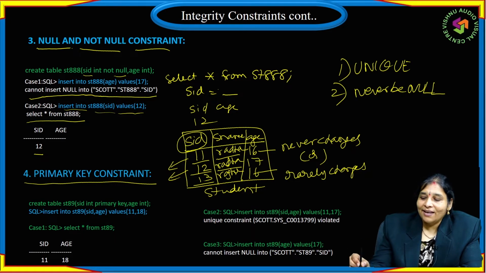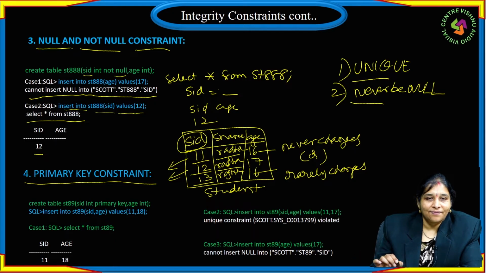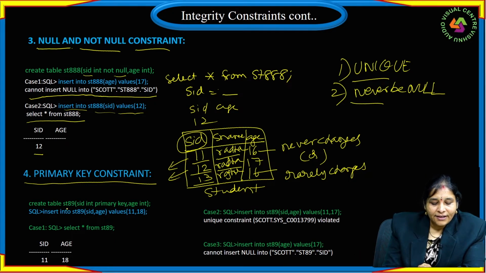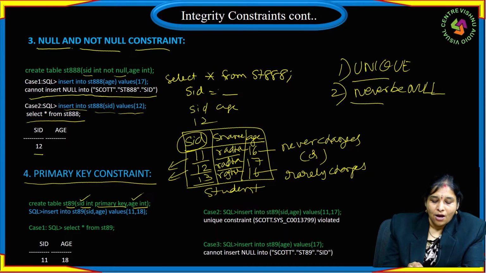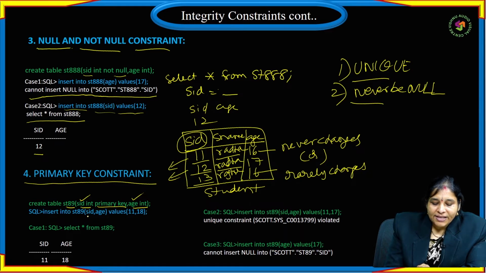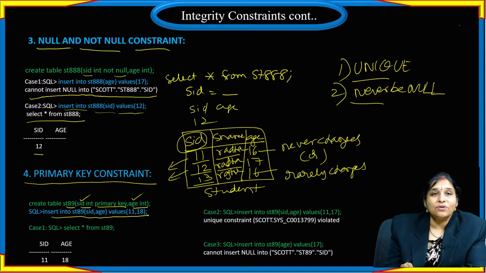Now let us see violations of this. I have created table student 89 with SID of data type int, and I have declared that student ID, SID, as primary key, and age as integer. So out of student ID and age, student ID is the primary key. Now I have tried to insert into student 89 SID, age values 11, 18.